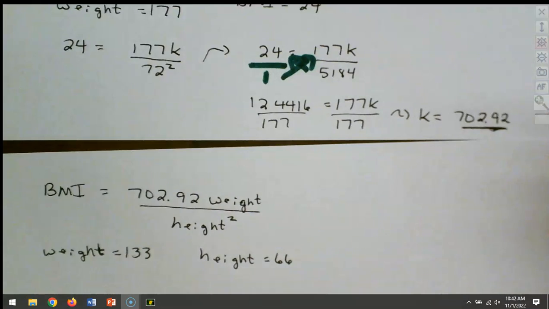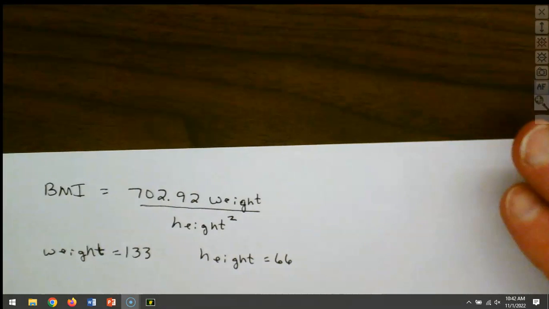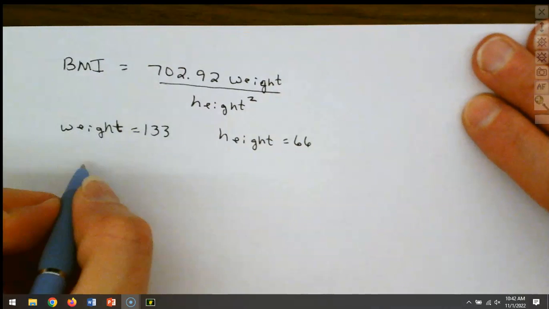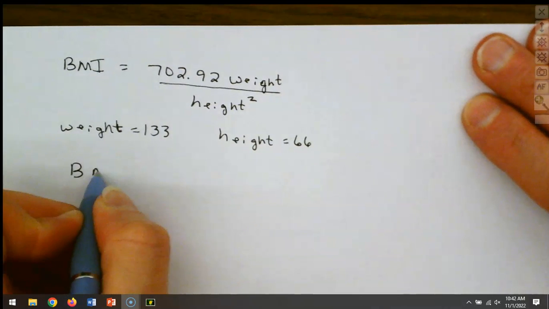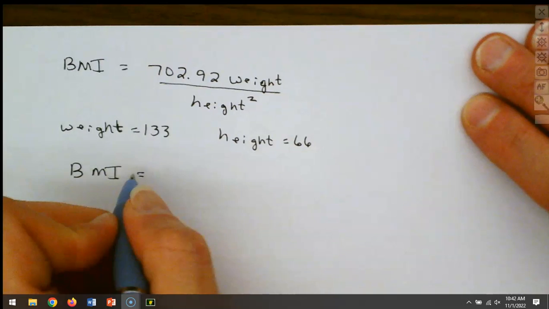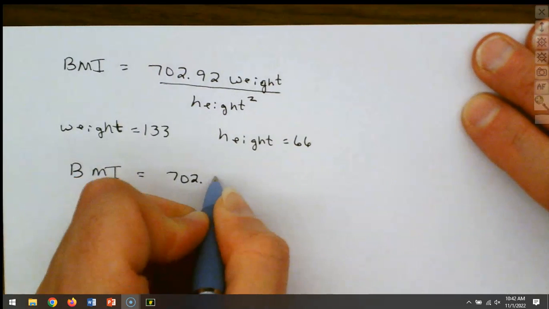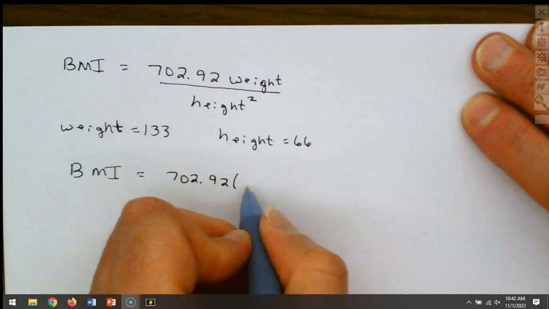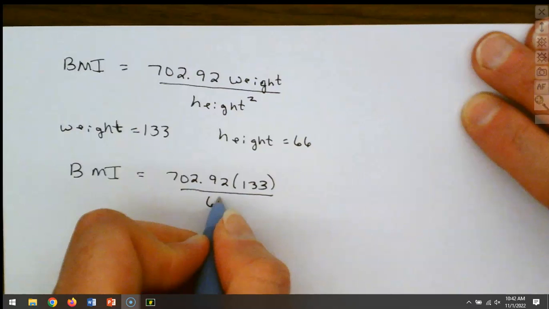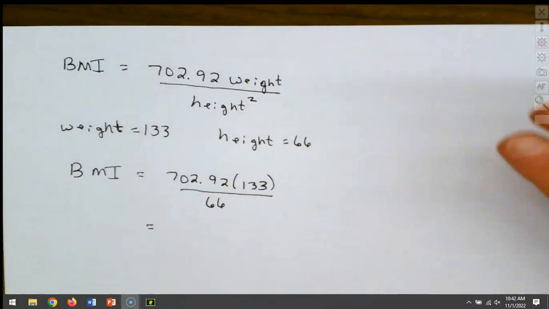Plug our values in and calculate it down. And let's see what our BMI is. It's going to be 702.92 times 133 for the weight. Now the 66 is already in terms of inches, so that's already been converted down. And this person should have a pretty low BMI because their weight is so low.